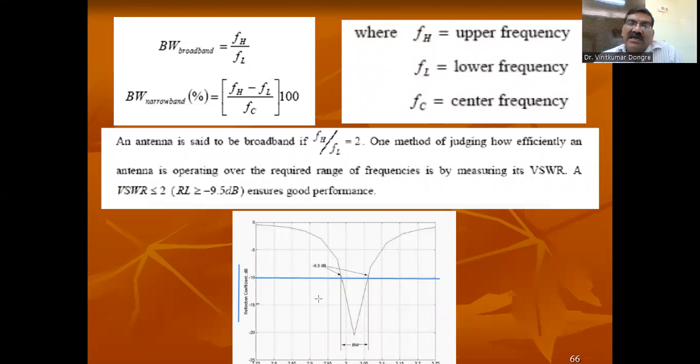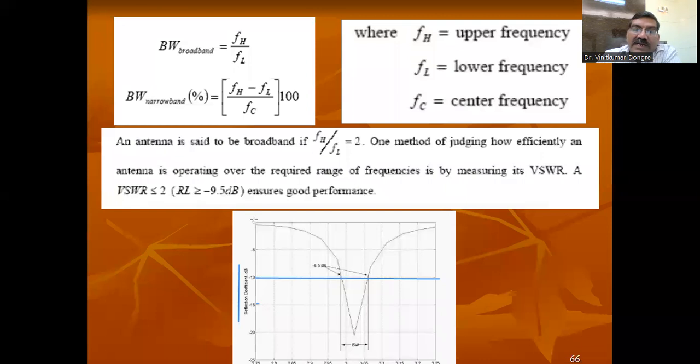Theoretically, it is mentioned as 9.5 dB. It is equal to 10% of the power being reflected back. That is the indication of 10 dB. 10% is allowed; 90% is being transmitted or received. So that way it is interpreted.